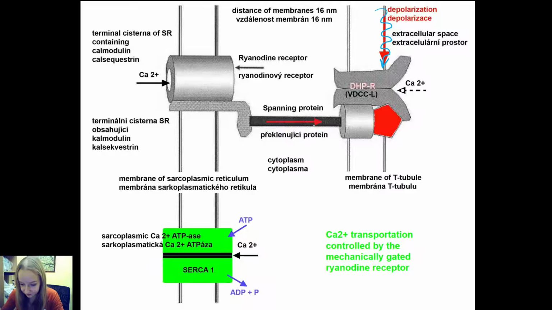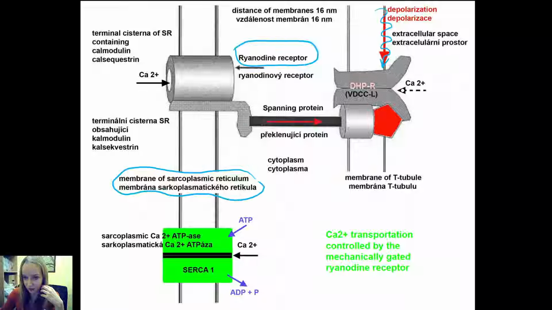And really this depolarization wave is further transferring excitation from the T tubule. And here we have the so-called ryanodine receptor, located on the membrane of the sarcoplasmic reticulum.